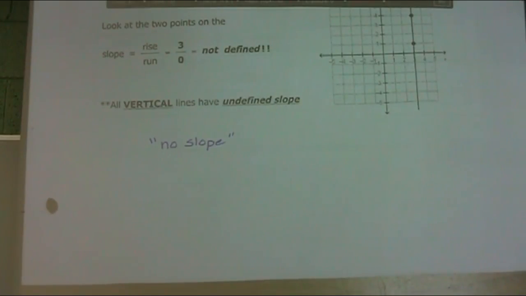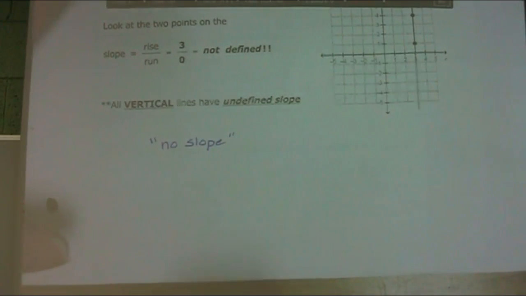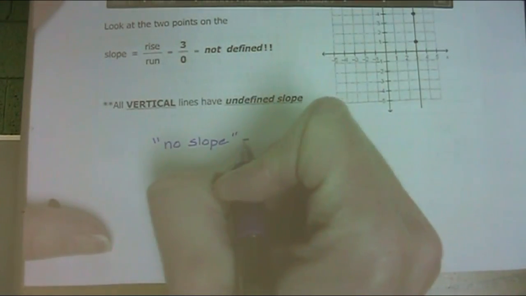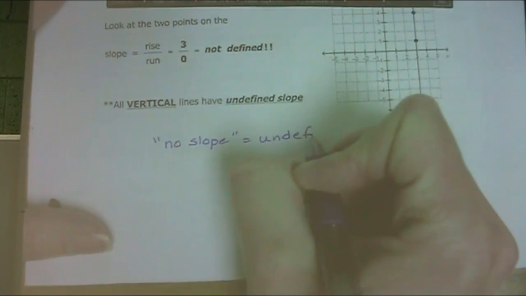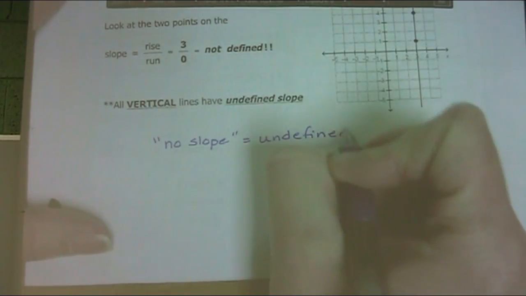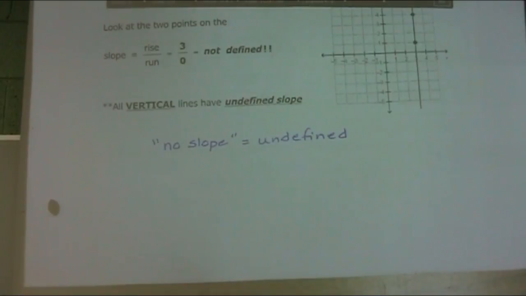If you use the terminology no slope, it means the slope does not exist and it equals undefined. So if you are going to use it, know this. I will take it to mean undefined, not slope of 0. 0 is a number. If a line has a slope of 0, you need to put 0 as the slope. If you use no slope, you mean undefined.